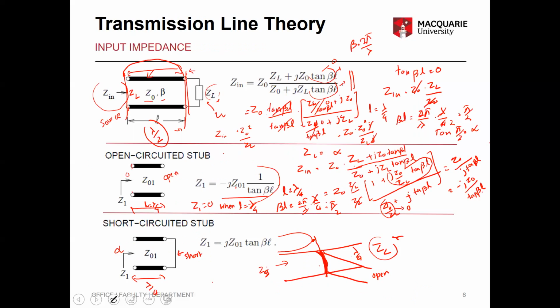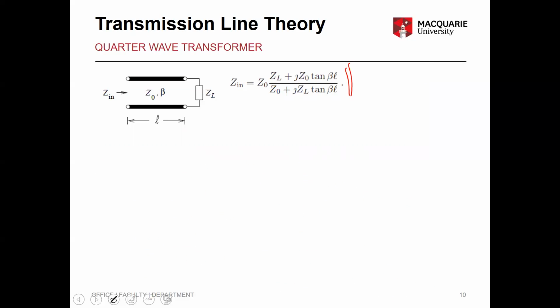When you calculate this parameter when the length is lambda by 4, so if I do that again here, when the length equals lambda by 4, beta equals 2 pi over lambda, beta L becomes 2 pi over lambda times lambda by 4, which is pi by 2. So tan beta L is infinity.